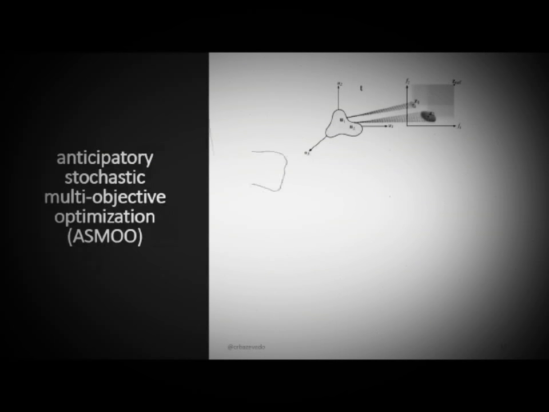But let's remember that our problem is not only multi-objective and stochastic, it's also multi-stage. So we want to perform anticipation. Suppose that we are at time t, and I have two candidate solutions, U1 and U2, that I could implement in my operating environment. The problem here is to decide which one I should implement.